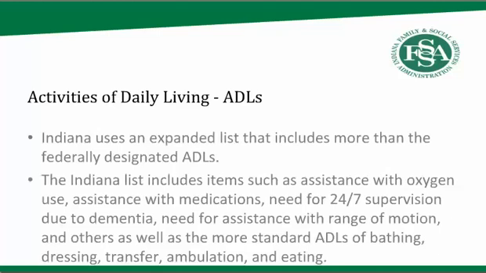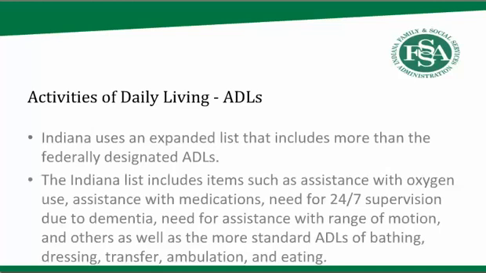Our list includes some other items, such as assistance with medication, a need for 24/7 supervision due to dementia, assistance with oxygen, and passive range of motion needs. So we have some additional items that we include, as well as what you might clinically think of as activities of daily living.